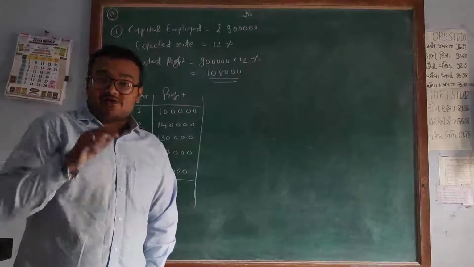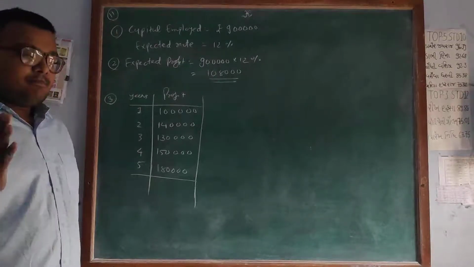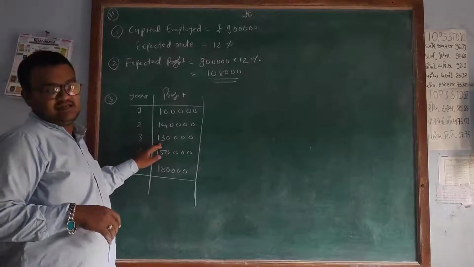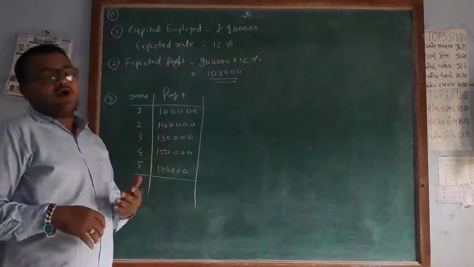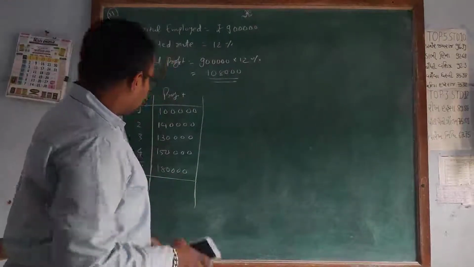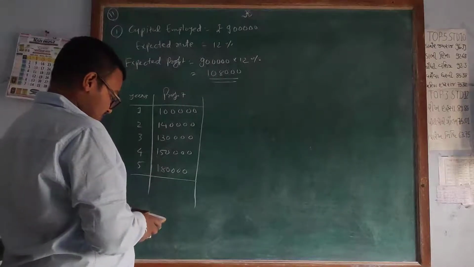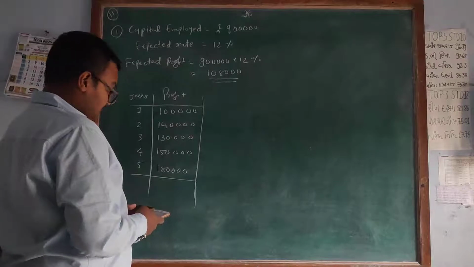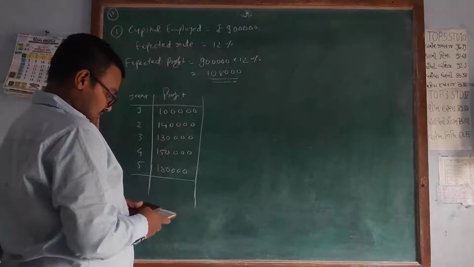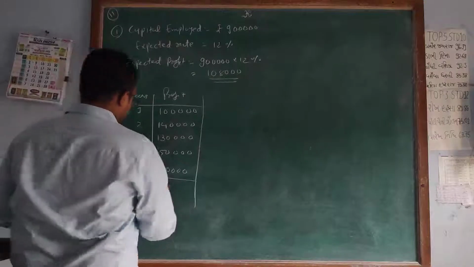Which method for average profit? You can say that we have to do simple average, because 1 lakh increasing, 1,30,000 now decreasing. So if profit is fluctuating, then we have to use simple average. Total of all the profits, friends: 1 lakh plus 1,40,000 plus 1,30,000 plus 1,50,000 plus 1,80,000. So total will be 7 lakhs.